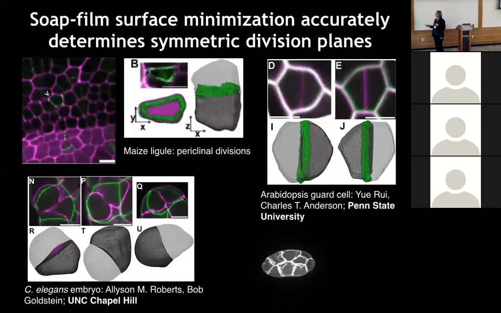So this is a maize ligule cell, and if you're looking into the surface of the tissue, you can see that there's a periclinal pre-prophase band here. This is actually really hard to segment, so this was really fun. No, just kidding.